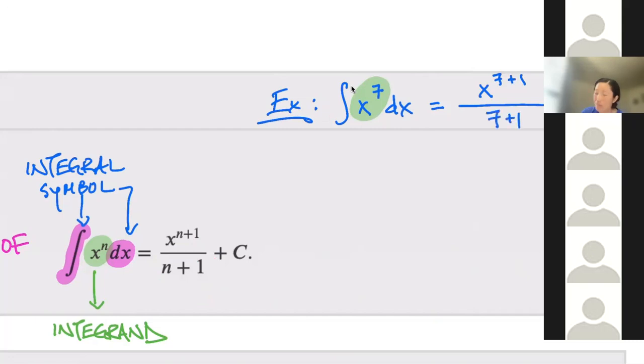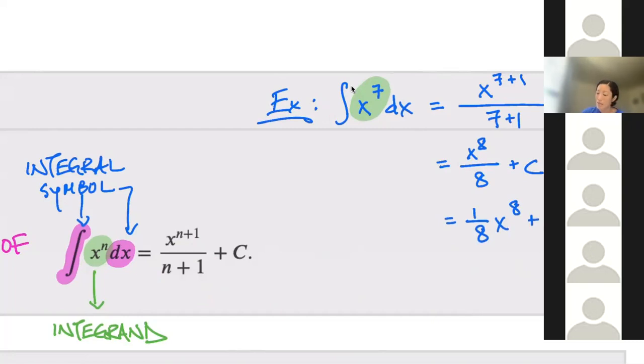Don't forget that plus c. Okay. Now, if we simplify this, we'll get x to the 8 over 8 plus c. Okay, that's one way to write our answer. Another way might be 1/8 times x to the 8 plus c.